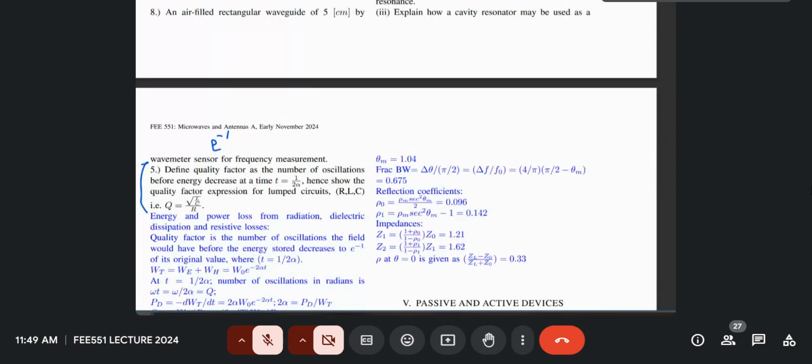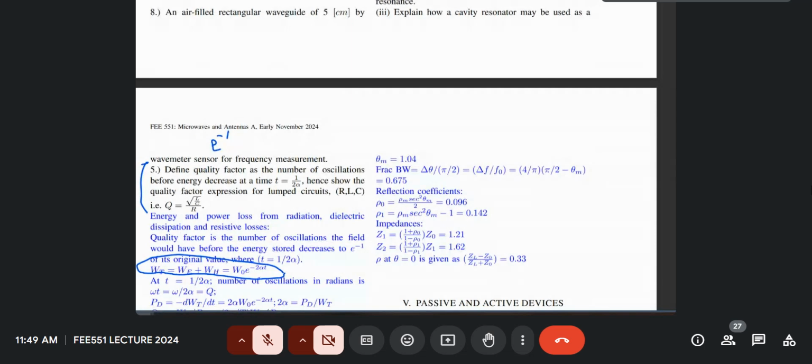So the quality factor can actually be a very big number for different cavities. So for us to define it like that, it means we have defined the power or energy inside the cavity.